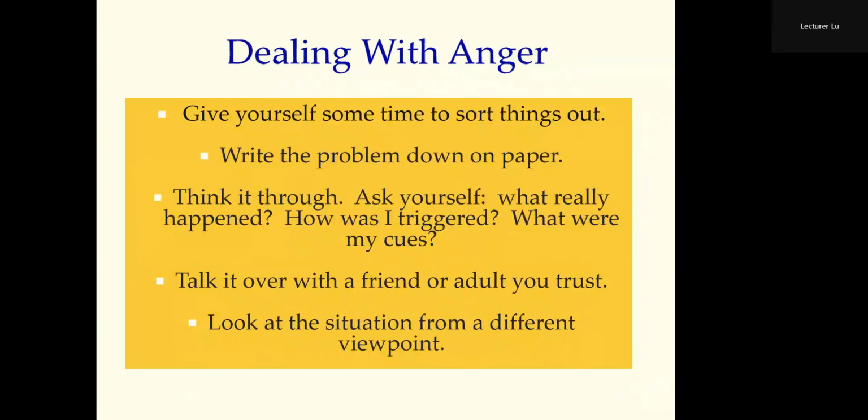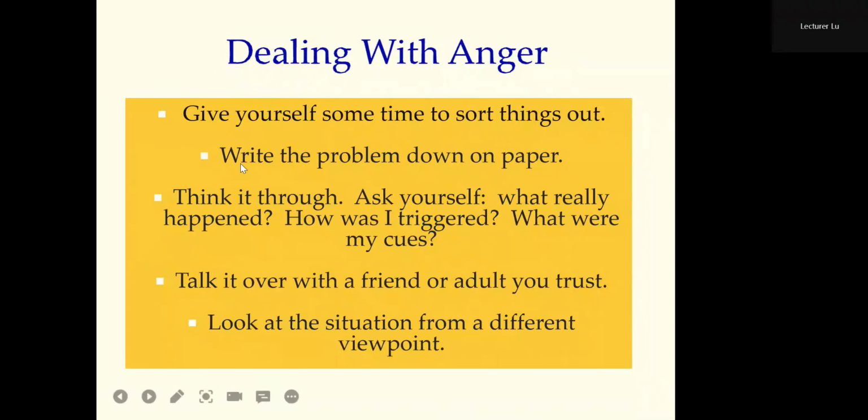And there are other tricks like give yourself some time to sort things out, write the problem down on paper, think it through, ask yourself what really happened. How was it triggered? What were my cues? Or talk it over with a friend or adult you trust and look at the situation from a different viewpoint.